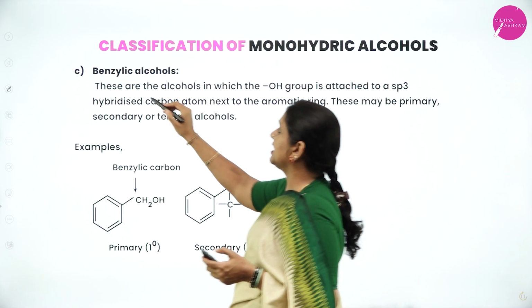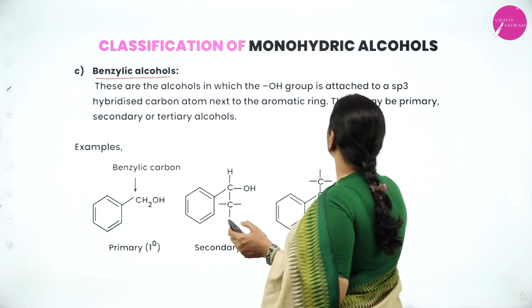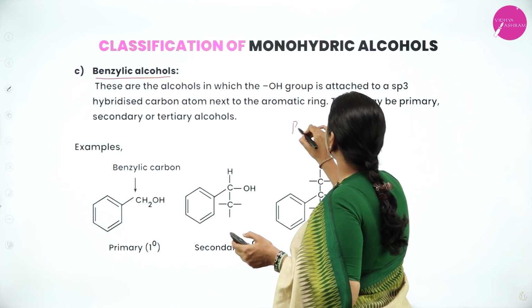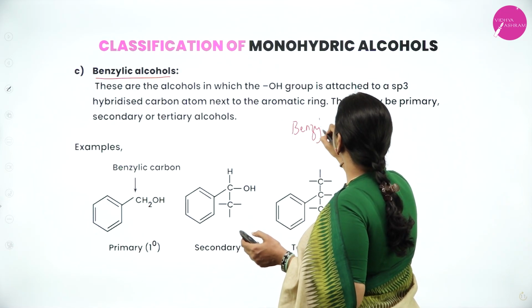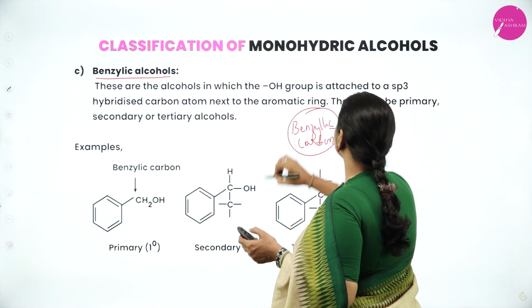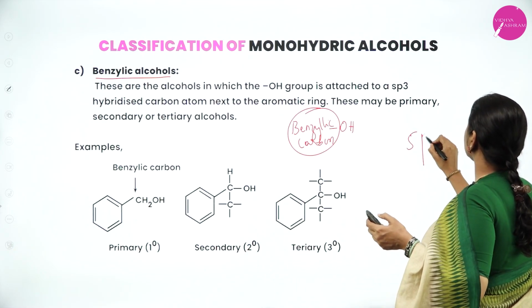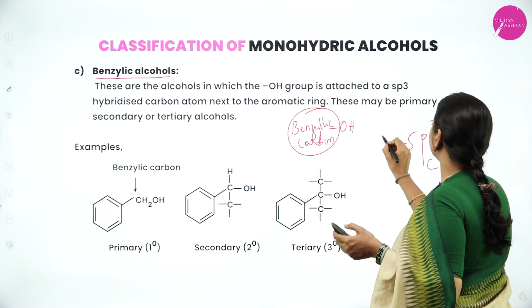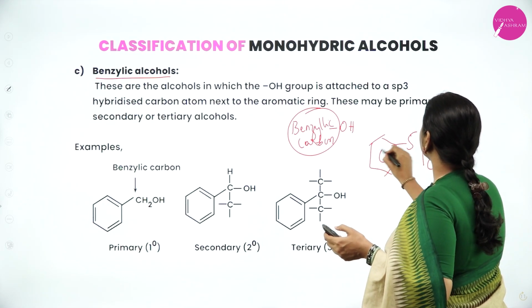Next, benzylic alcohol. Here, the OH group is attached to a benzylic carbon. What is benzylic carbon? Benzylic carbon is also an sp3 hybridized carbon which is directly attached to the benzene ring.